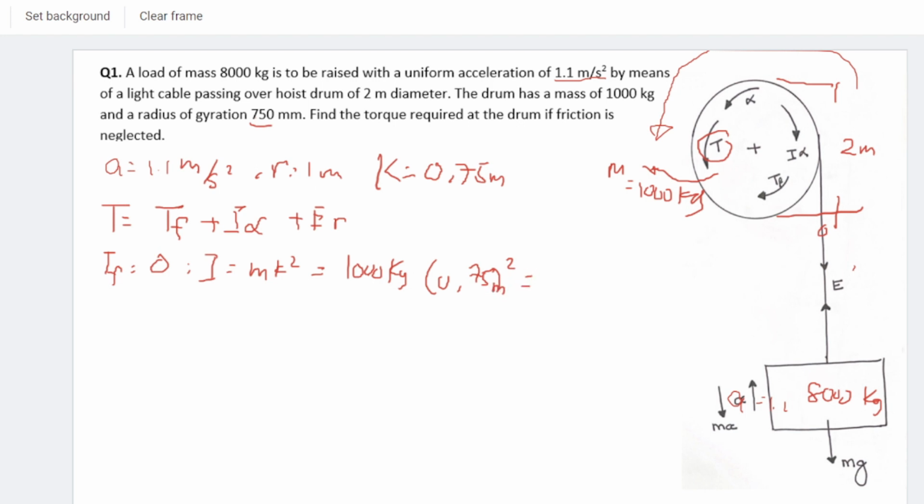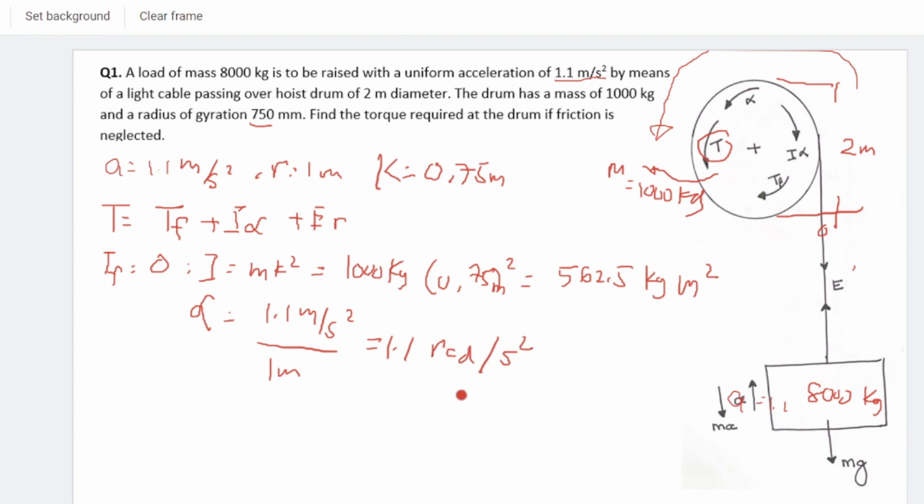So we can have here moment of inertia equal to 562.5 kilogram meter squared. So we have already I. Angular acceleration is just equal to linear acceleration, which is 1.1 meter per second squared, over the radius, which is 1 meter, so simply you have 1.1 radian per second squared.